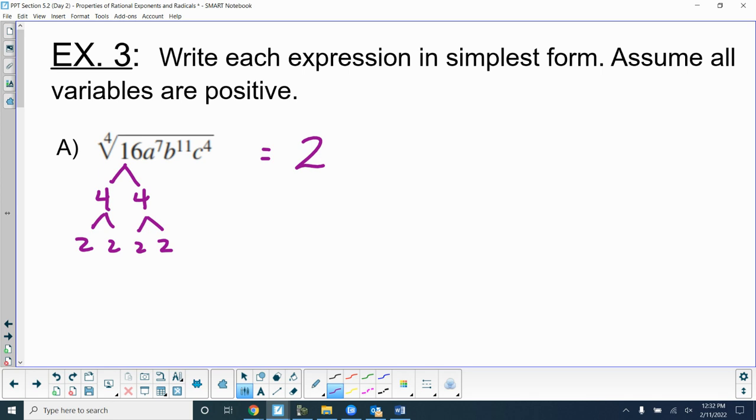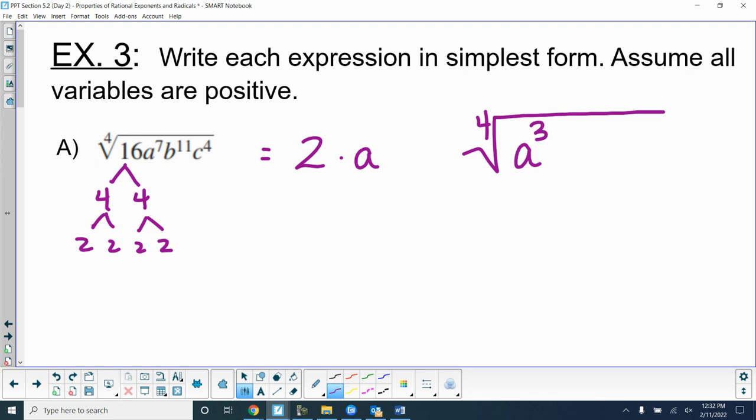Once. So how many A's come out? 1. But how many A's are left? 3. I took up 4 of them already. So how many are left? 3. So this is A to the 3rd.